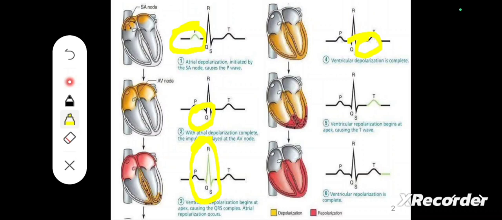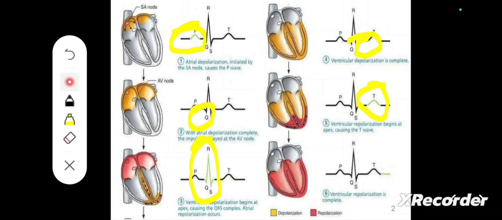After that the T wave arises, which indicates the ventricular repolarization begins, and finally there is one straight line indicating the ventricular repolarization is complete.